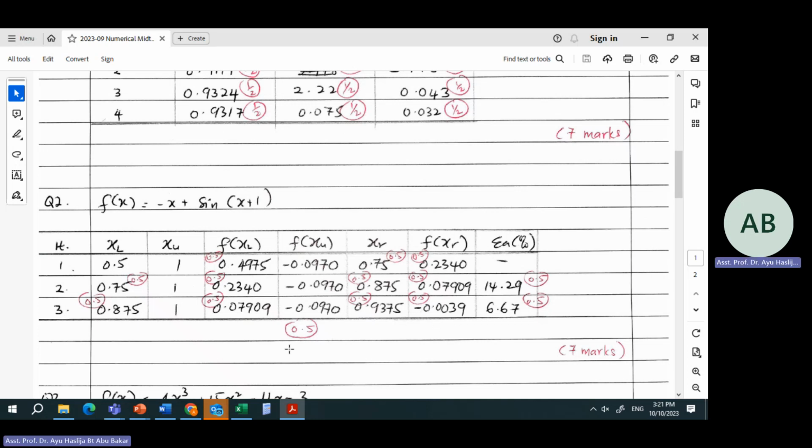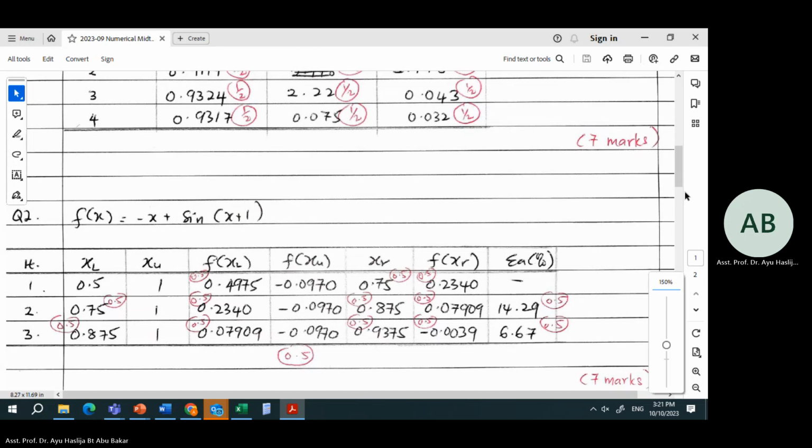And there was also a student who mistakenly put the value 0.75 at XU. The value is there already, but wrongly placed. Each of the values will get half mark. FXU only half mark because all are the same values.